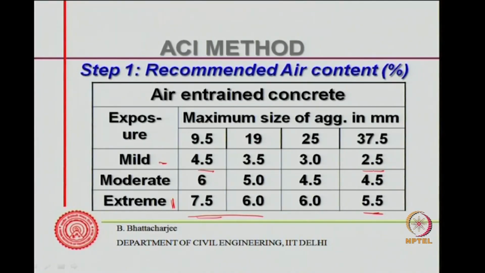So, your dosage of air entraining agent should be such that it gives you at least this recommended air content when it is exposed to extreme freeze thaw condition, mild condition, mild, moderate and extreme situation as defined by the code. So, this is the air content.